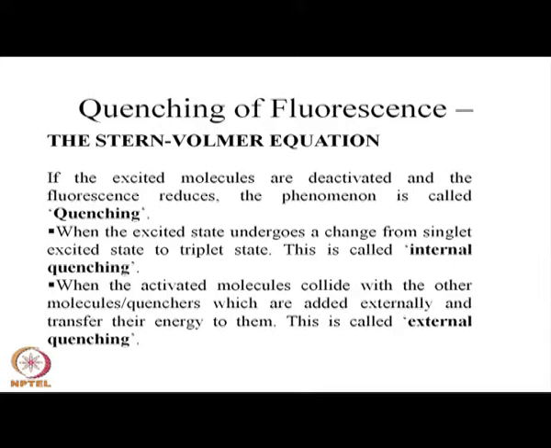And when the excited molecules collide with other molecules or quenchers which are added externally, and transfer their energy to them, this is called external quenching. So external quenching and internal quenching are the two associated terms, and we should always remember these two things.